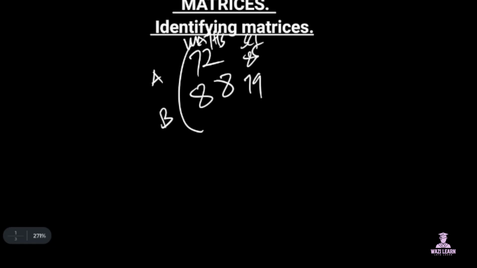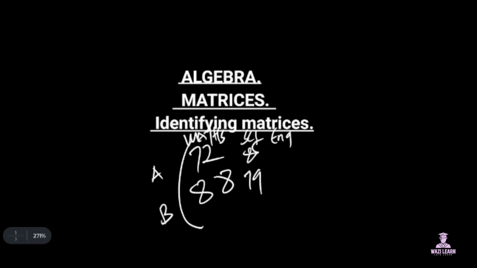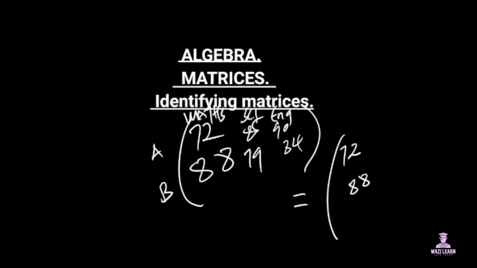And the last one is English: student A, 90, student B, 84. Note that a matrix does not contain labels, so we remove the labels and make sure the matrix is enclosed by parentheses. It will be 72, 88, then 85, 79, then 90, 84. This is our information arranged in matrix form.